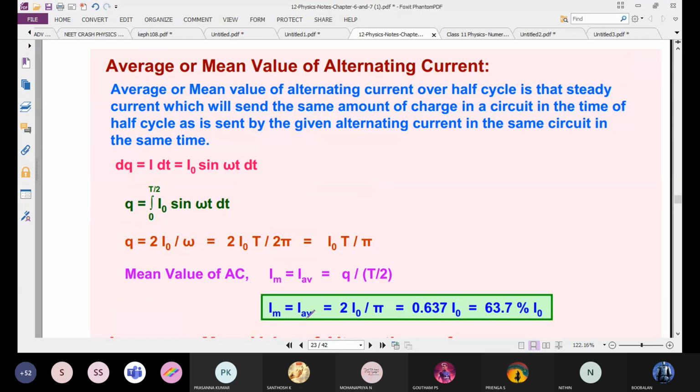So I is equal to I average, mean value or average. It is equal to 2 I naught divided by pi. The value is 0.637 I naught. In percentage, 63.7 percentage. Take notes.